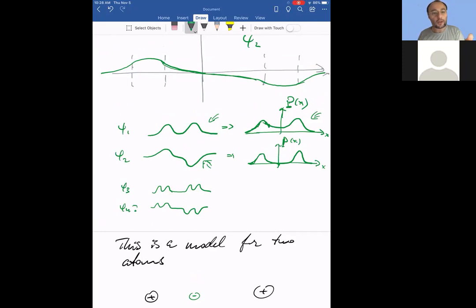If you want, we can chat more about this, and I can show you with Schrodinger's equation. It's actually pretty easy to see why the energies of psi 1 and psi 2 are the same when the wave functions don't overlap. But in general, they're not the same wave functions. They have different electron densities, so they have different energy.